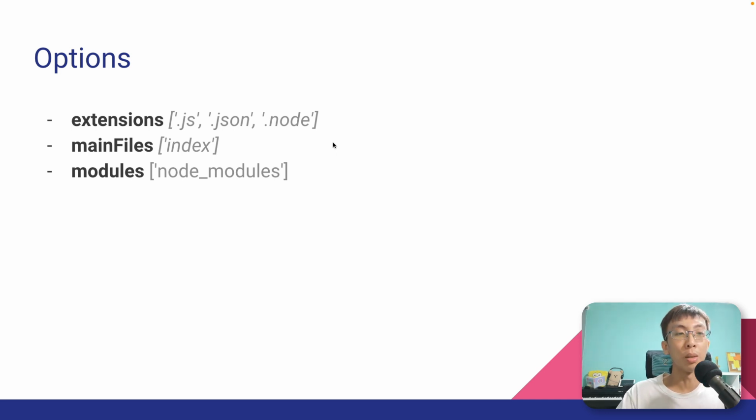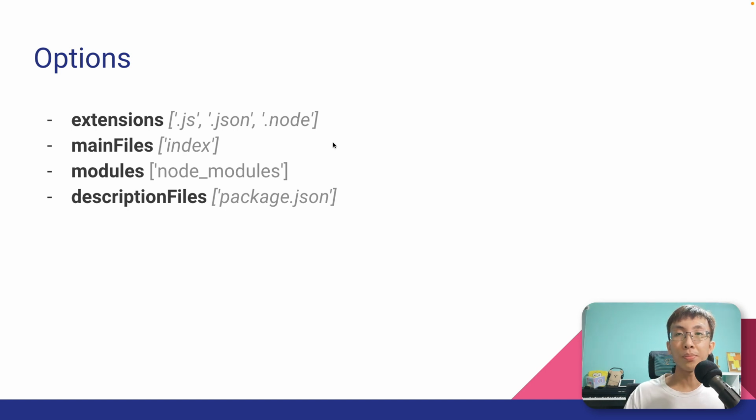So this is the modules option. And instead of reading the main field from package.json, maybe you want a different file, right? So that you can customize. Usually it's known as the description files, right? These option names probably differ from bundler to bundler, but these are the names that I took for Webpack. Okay, so these are the options for the Webpack resolver.